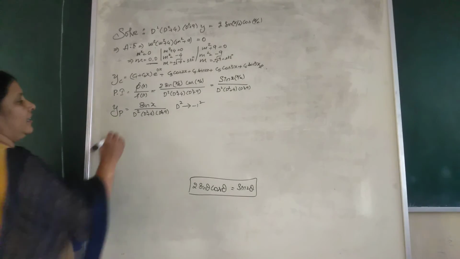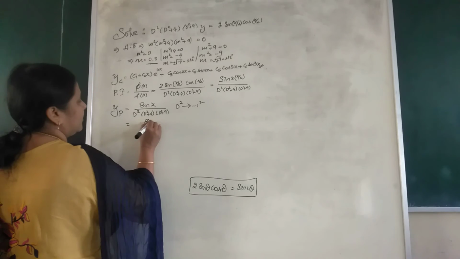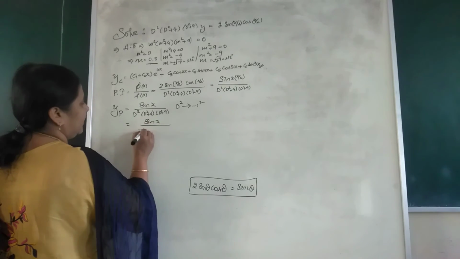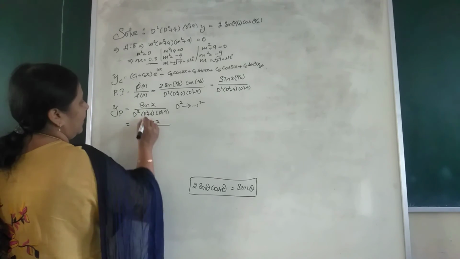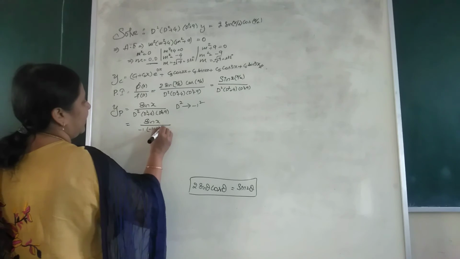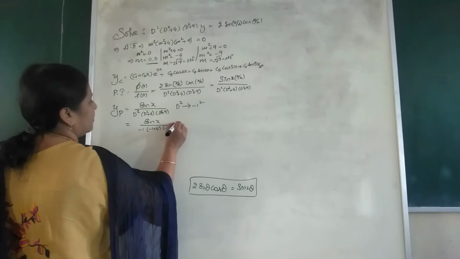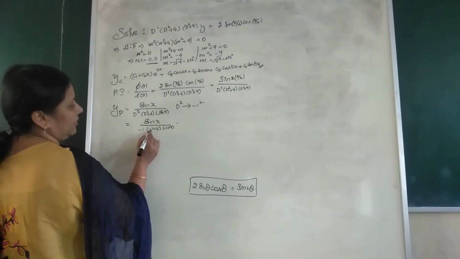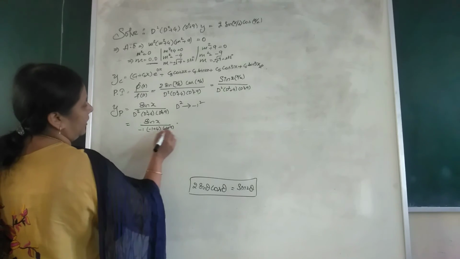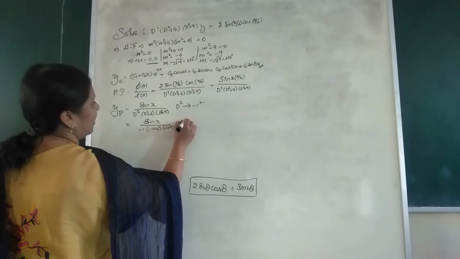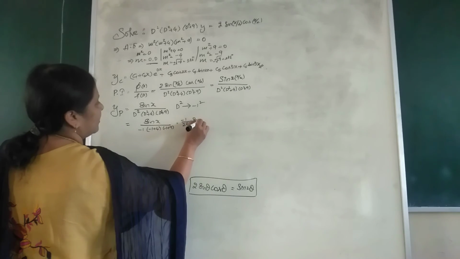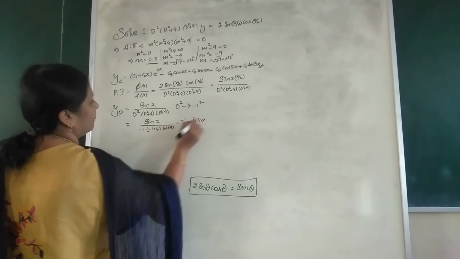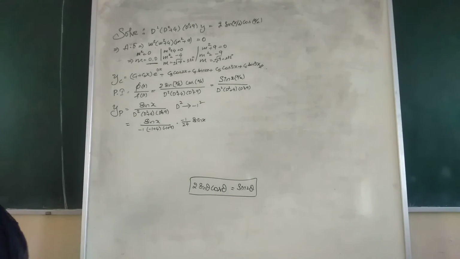So replacing that directly here, we get sin x divided by minus 1 square is minus 1, again minus 1 plus 4, again minus 1 plus 9. So simplifying we get, this is going to be 3, 8, 8 3 is 24 with a negative sign, minus 1 by 24 sin x. Understood, guys? So this is our yp.